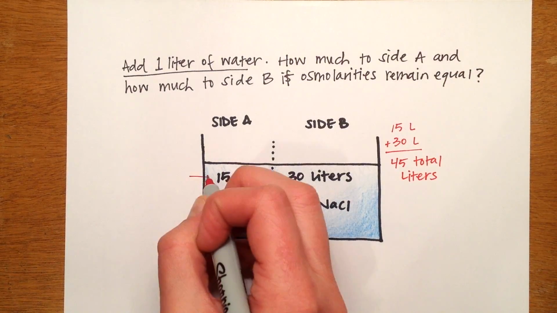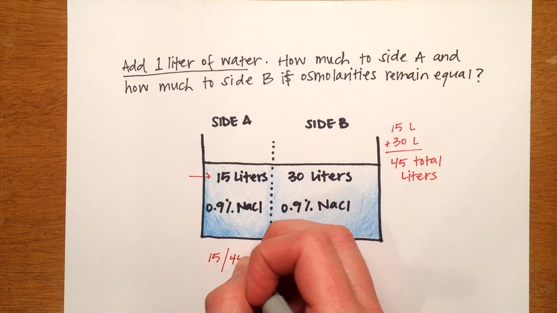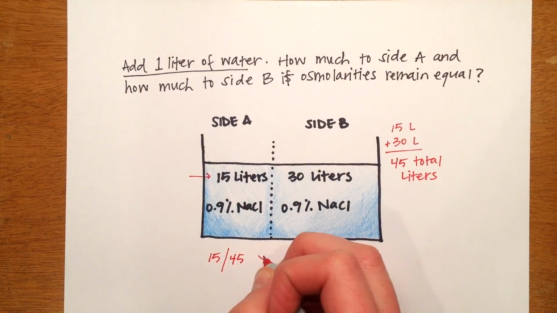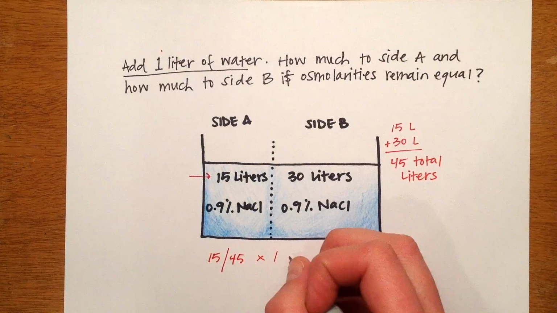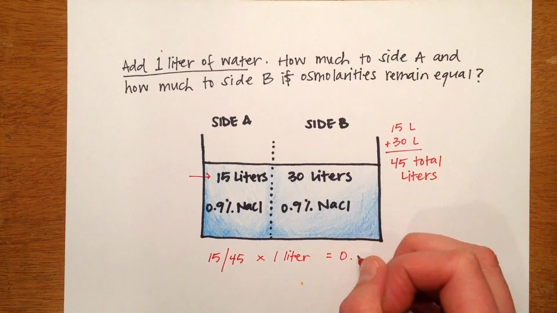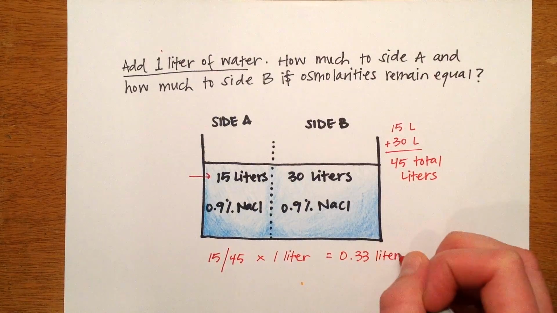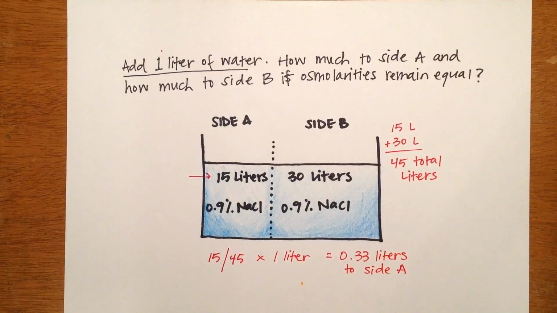Then we'll take the 15 liters on side A and divide it by the 45 total liters and then multiply it by the 1 liter of water to get 0.33 liters that we will add to side A, so about a third.